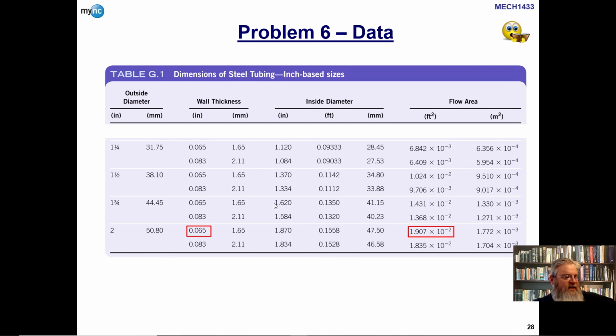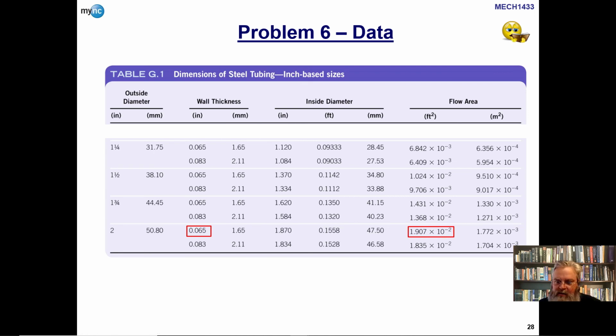Let's get the Cadillac tube. Let's not get the smallest tube that'll give us a high speed. Let's get a nice big tube that gives us that 4 feet per second. That's the one that's 1.83 times 10 to the negative 2 square feet. So that's the number I'm looking for in here. These ones are all too small. I need 1.8 times 10 to the negative 2. Not quite big enough. This one, though, is, eh? This one, 1.9 times 10 to the negative 2. It will do the job.